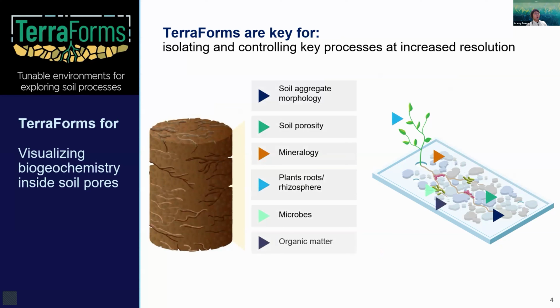And that involves, as you saw with the data that Billy Peterson can get in the XCT lab, the soil aggregate morphology, the porosity, but we can also get information like the mineralogy, the plants and their roots, and the microbes that grow in these soils and reproduce them in these lower complexity platforms called rhizochips in Terraforms.